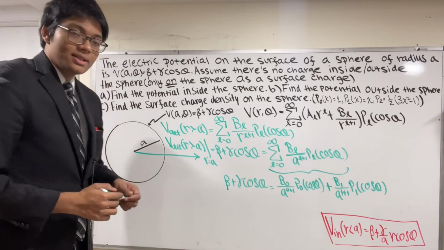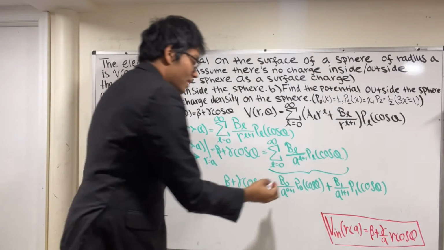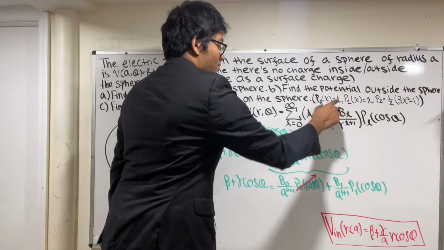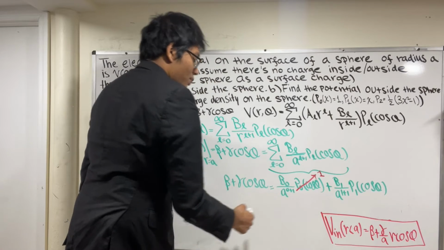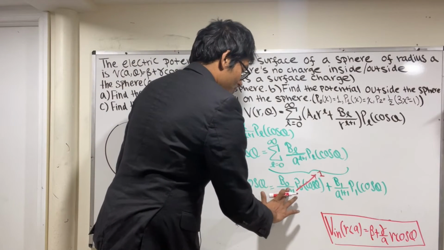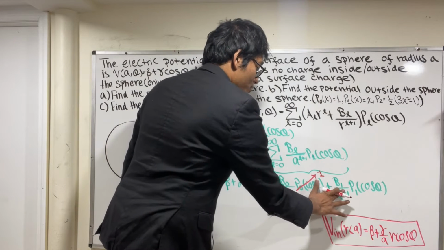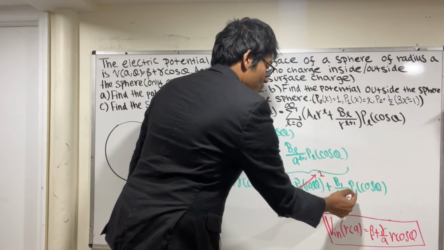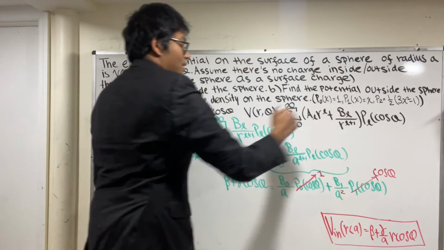Well, okay, now I can simplify matters a little bit. I know that P sub 0, the 0th Legendre polynomial, is simply 1. A to the power of 0 plus 1 is just A. A to the 1 plus 1 is just A squared. And my first Legendre polynomial, P sub 1 cosine theta, is simply cosine theta.